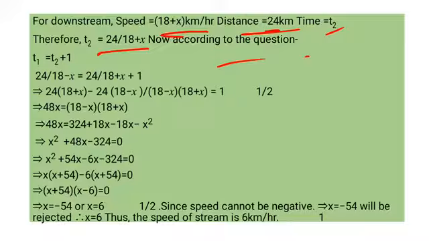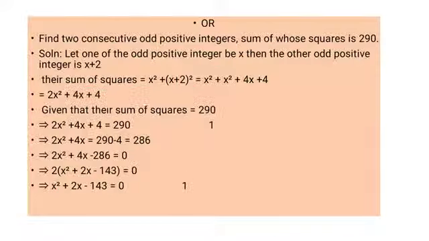By solving the equation, we will get x square plus 48x minus 324, and finally x is equal to minus 54 or x is equal to 6. Since speed cannot be negative, the speed of the stream is 6 km per hour.